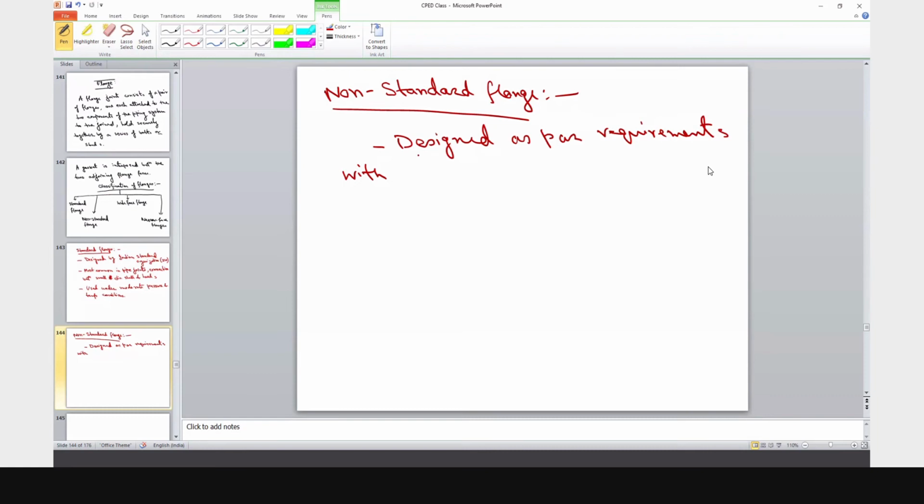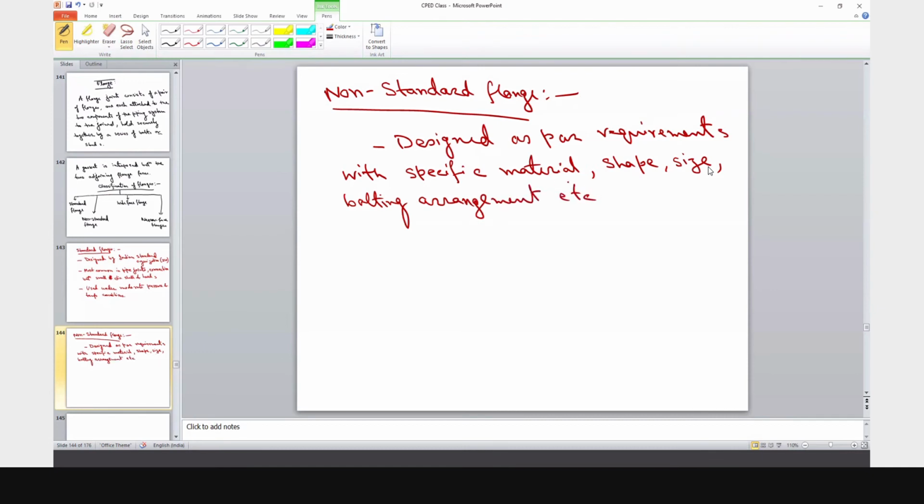So your requirement with specific material, shape and size, bolting arrangement, etc. It is formed from structural section or plate.